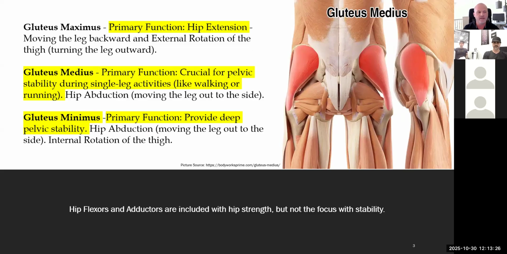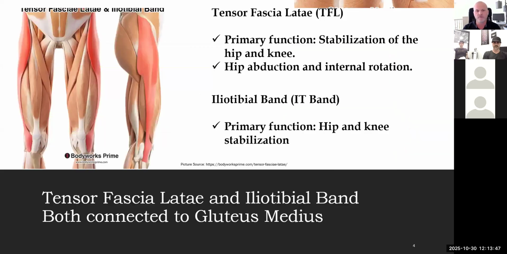I'll show a diagram later with some video showing exactly how that happens. Just to give you a little bit of preset, we're focusing on the glute medius maintaining that femur in a nice straight function, so that it can do its job and not cause any further injuries. We'll get into that more.